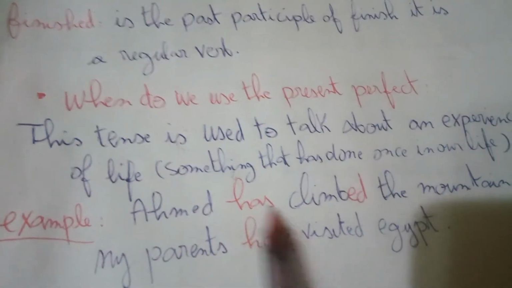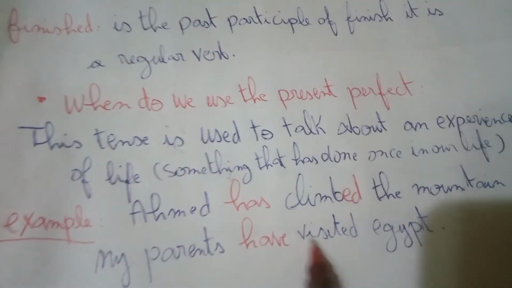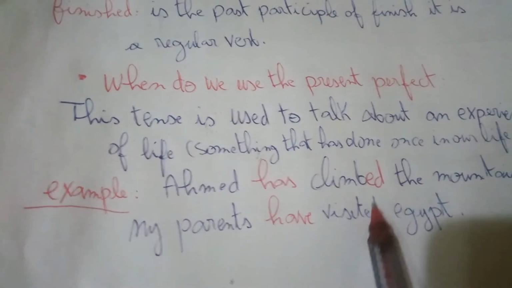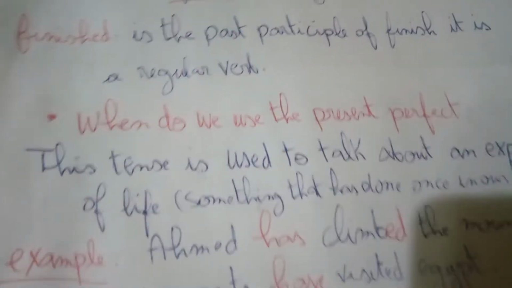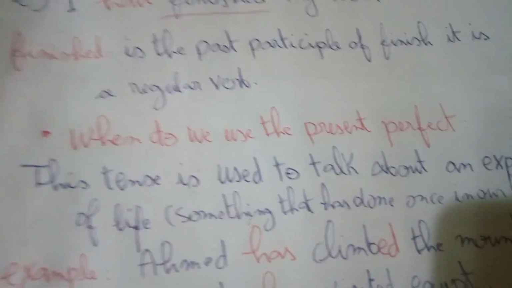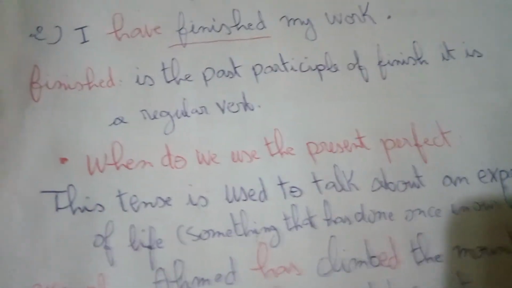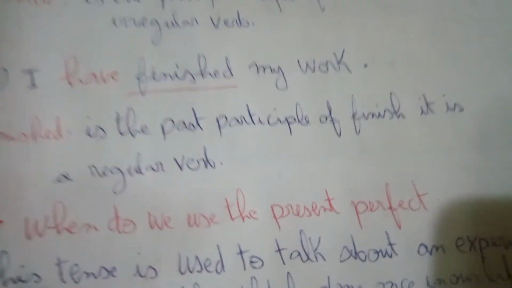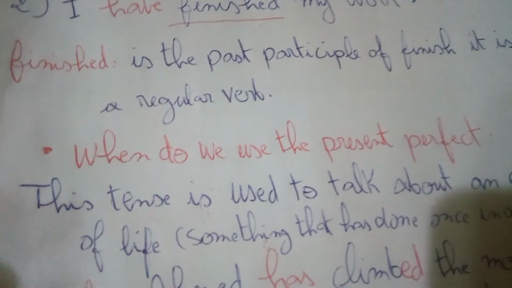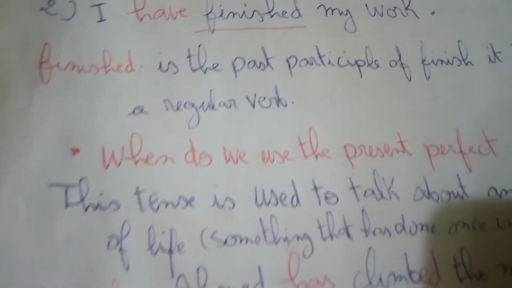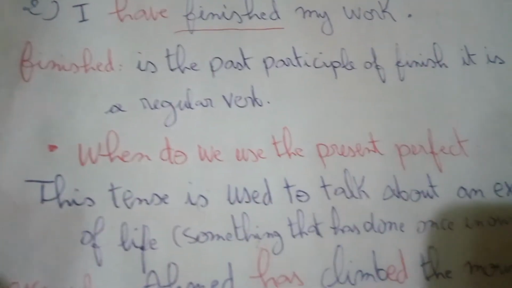Here we have the auxiliary have plus visited, which is a regular verb. We add ed. So my parents have visited Egypt for the first time, once in their life. These questions express and clarify the use of the present perfect.